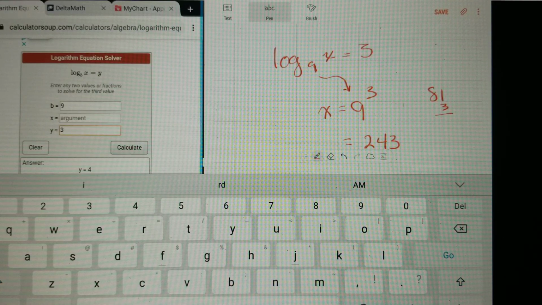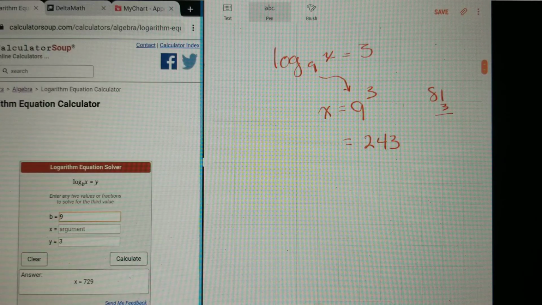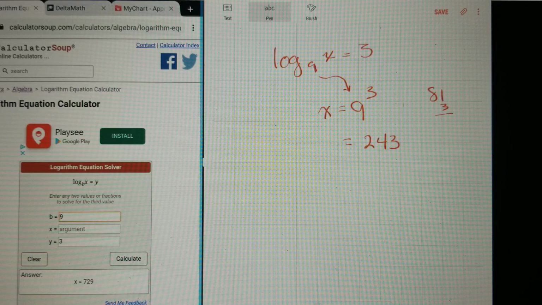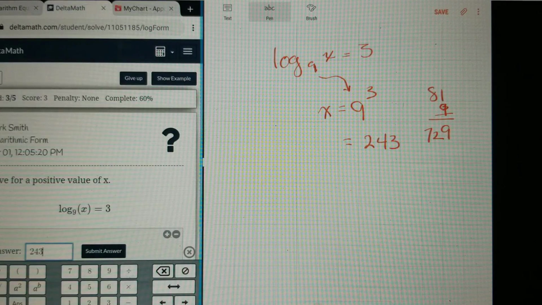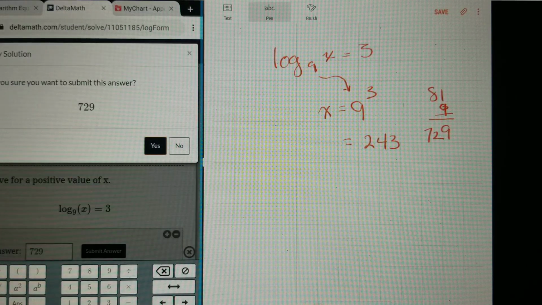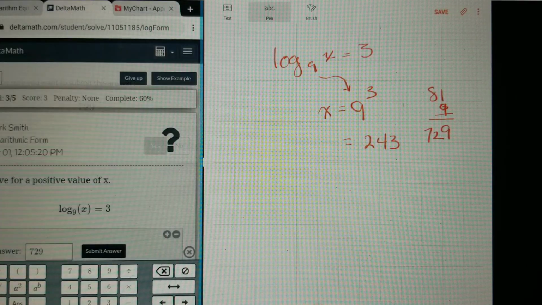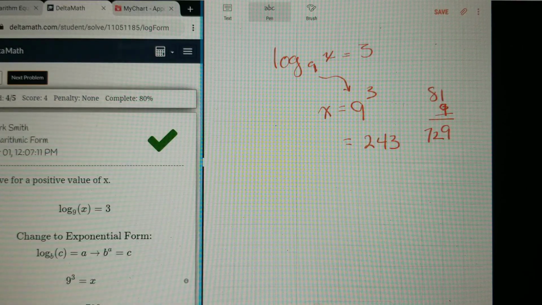All right, and so we're going to calculate, and our answer is 729. Good thing we checked, huh? All right, so Mr. Smith made a small mistake, which you, I'm sure, won't make. And we submit that, and we get a yes.